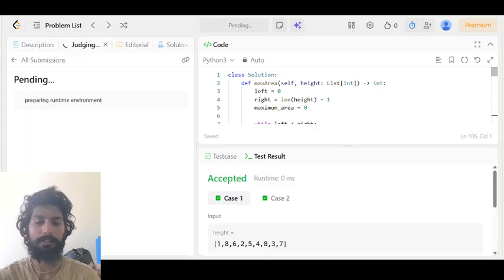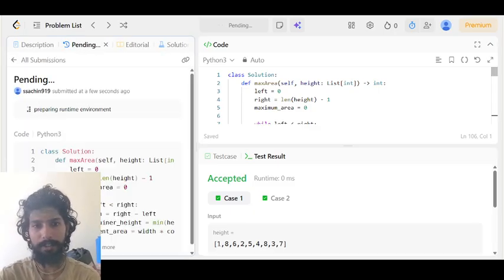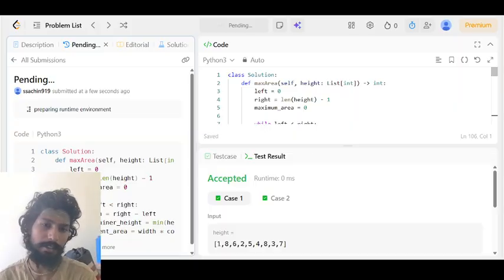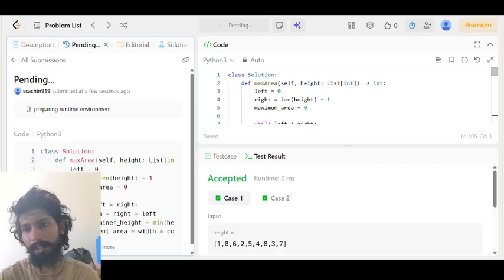Let us submit it. And we should also discuss the time complexity. So its time complexity will be linear because every element is processed only once. And space complexity is constant because we are not using any other array.